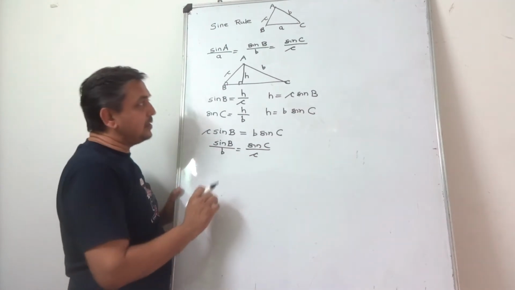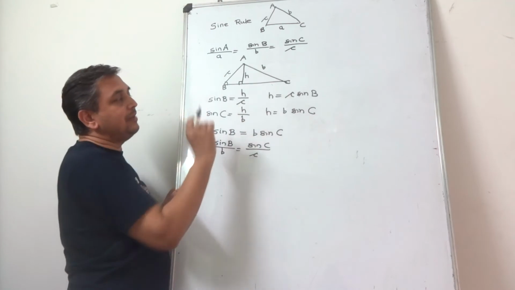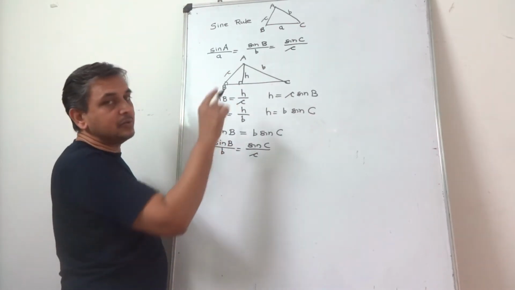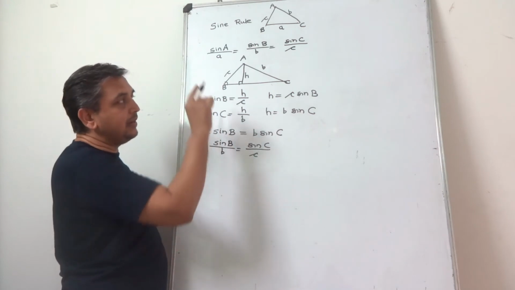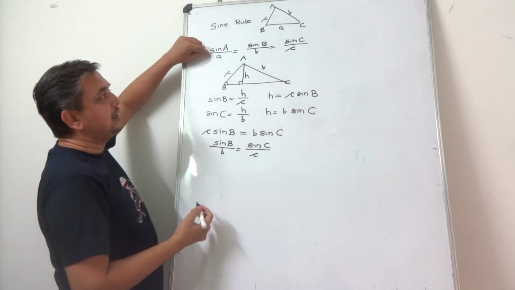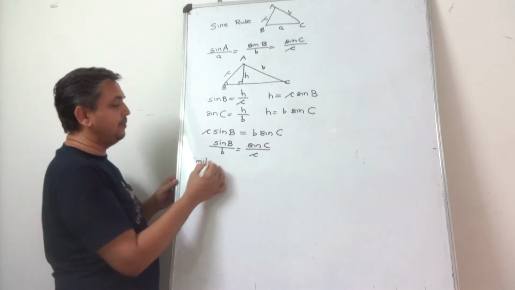In the same fashion, if we draw a perpendicular from B, we will be able to prove sin A upon a is equal to sin C upon c, and combining these two results we get the proof.